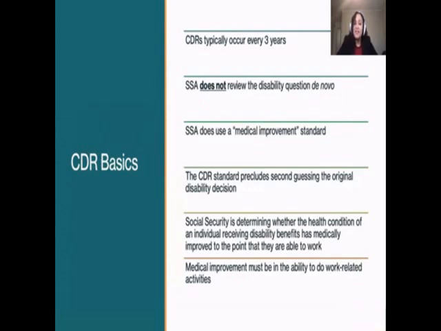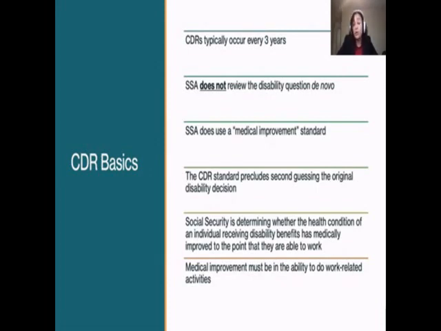Okay, so continuing disability reviews typically occur about every 3 years. There can be some variation on when these happen, but generally speaking, someone can expect to go through the CDR process every 3 years. And during the continuing disability review process, Social Security does not review the disability decision de novo.